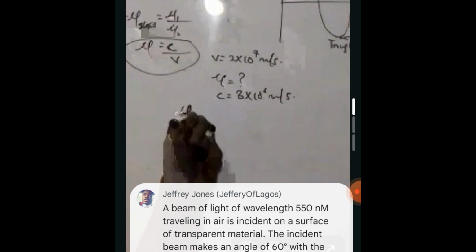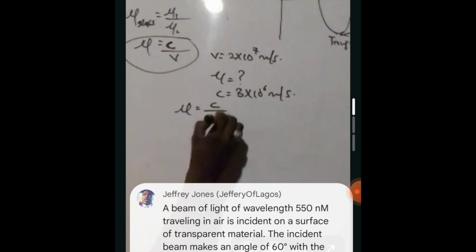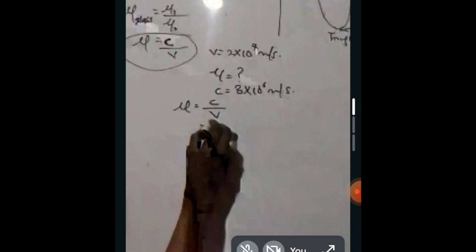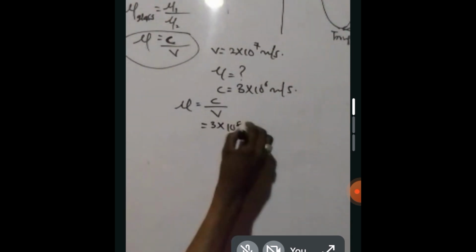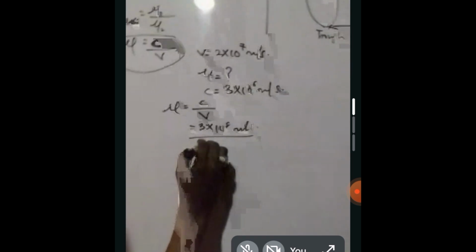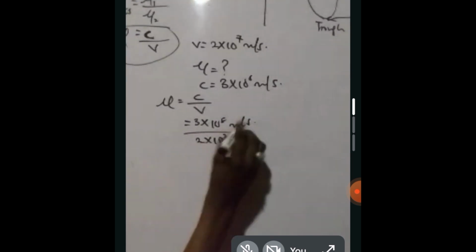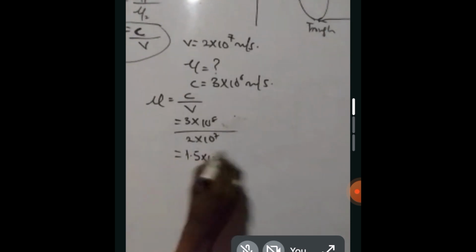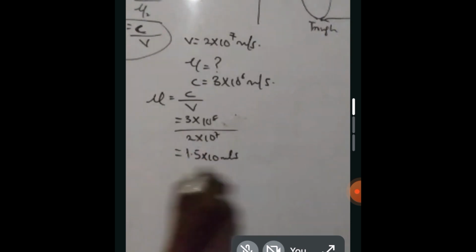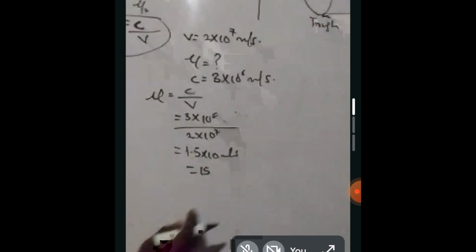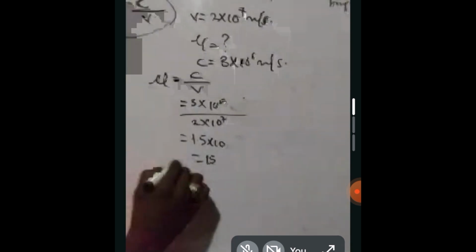The refractive index mu equals C over V. C is 3 times 10 raised to power 8 meters per second over V, which is 2 times 10 raised to power 7. So doing the math here, we should have 1.5 times 10, that's 15. That 15 will be the refractive index.